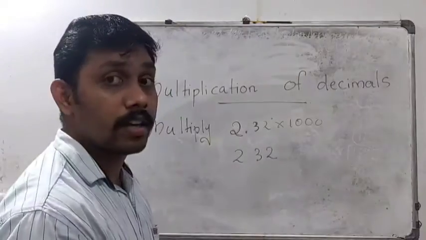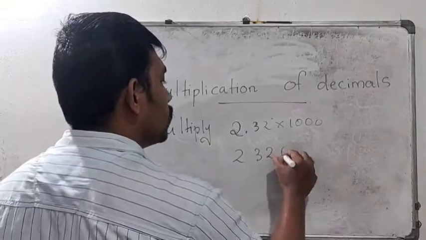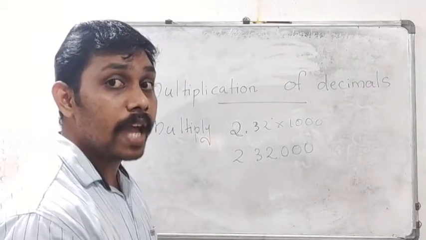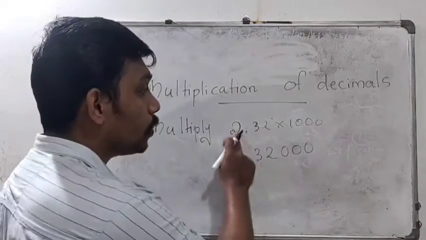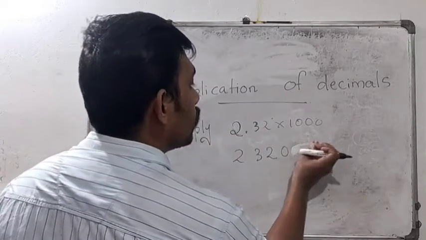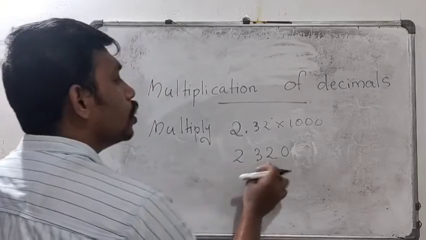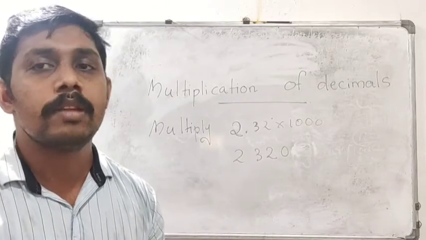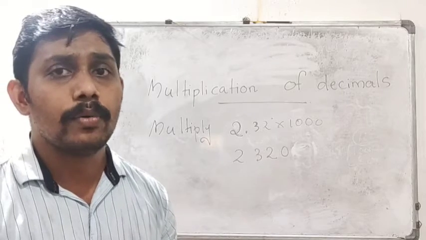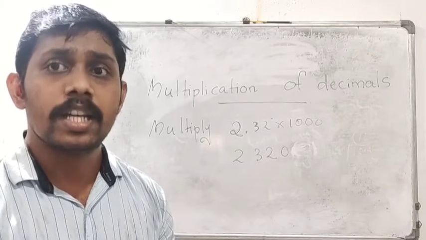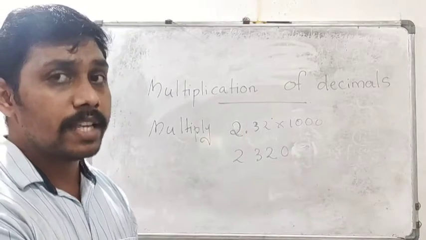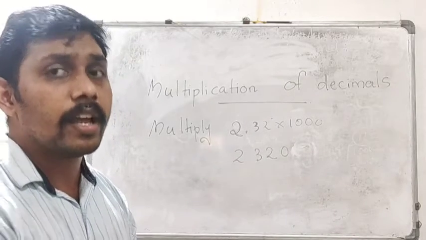How many zeros are here? 3 zeros. So how many places do we have to shift? 2 places, so the decimal is gone and one zero is added. The answer is 2320. This is very simple when we multiply with 1000, 100 or 10. Just count the number of zeros and shift the point to the right.